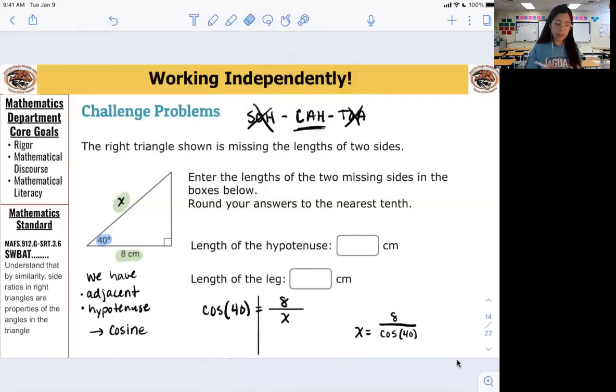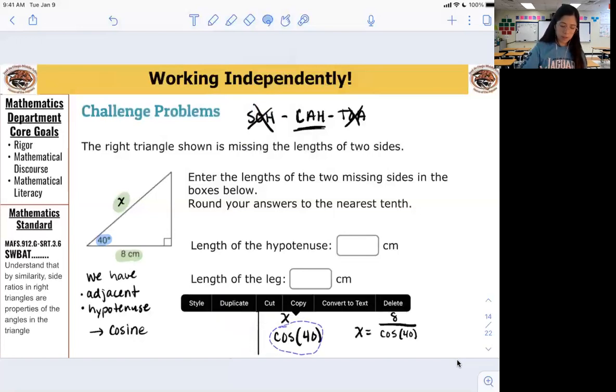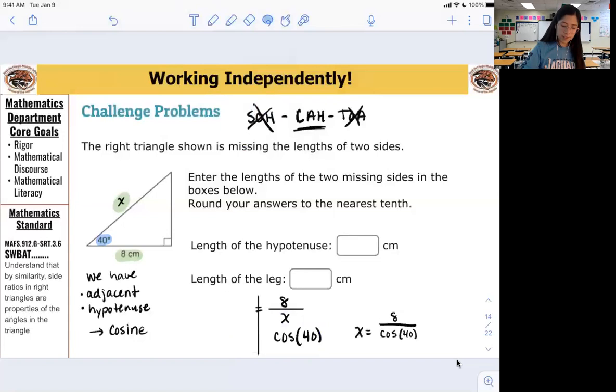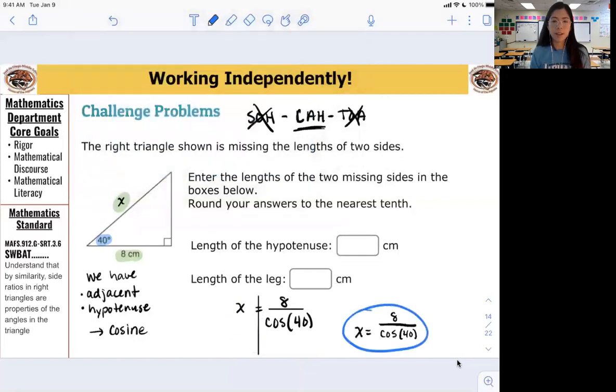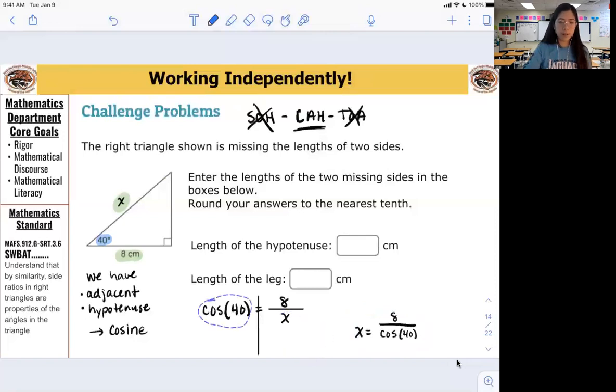This is a little trick you can always do: you can switch the number that it's equal to and the x. See how you can switch them around? And that's what I got in the end, after all that work, I ended up with that exact same thing. So if all that algebra confuses you, just remember that little trick, where you can switch the x with the cosine of 40.